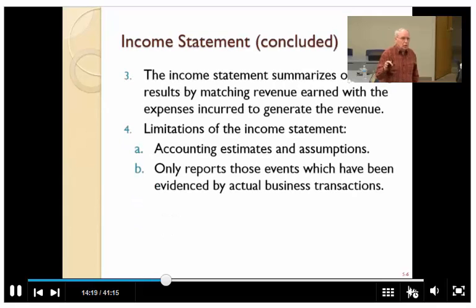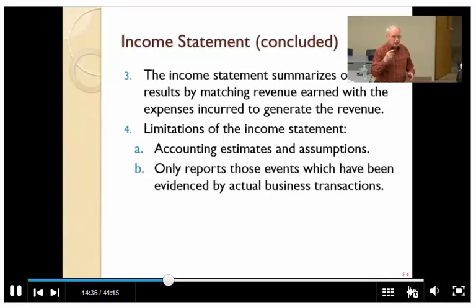And really, look at the income statement like it's a scorecard.